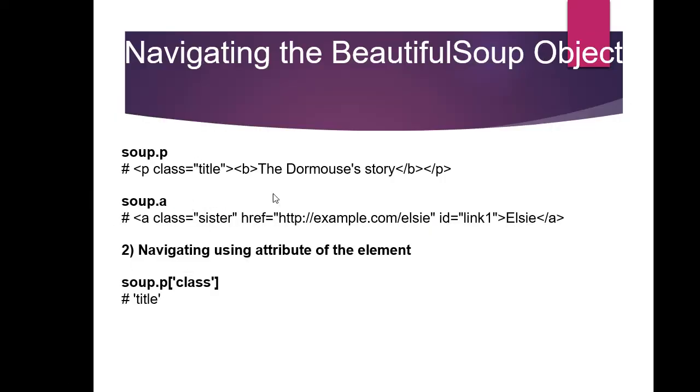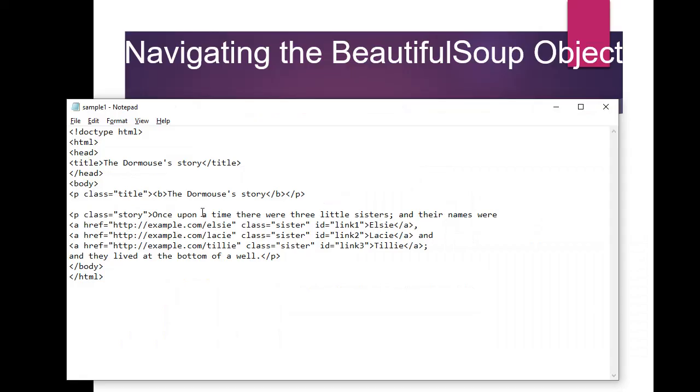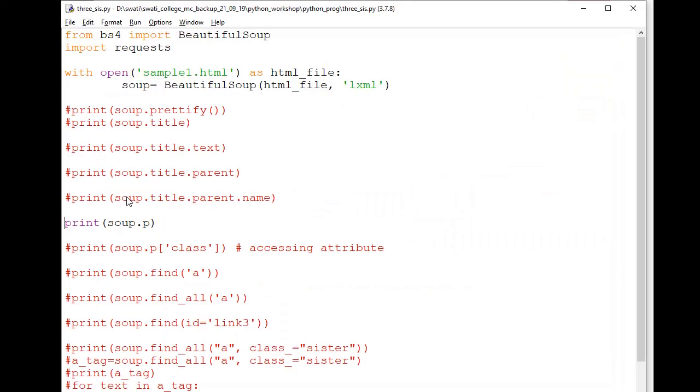So I can say soup.p in square brackets, specify the name of the attribute and it will return me its value. Here the attribute name is class and its value is title. So it will return me the title.